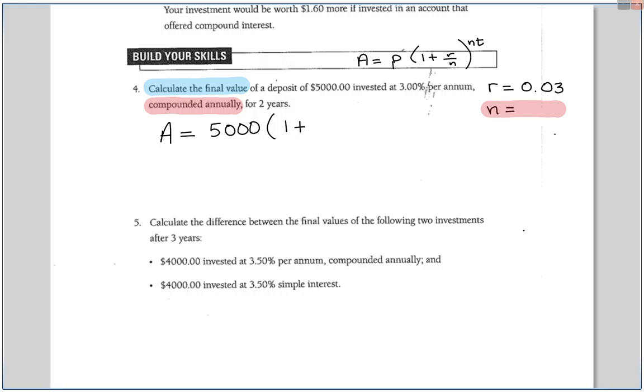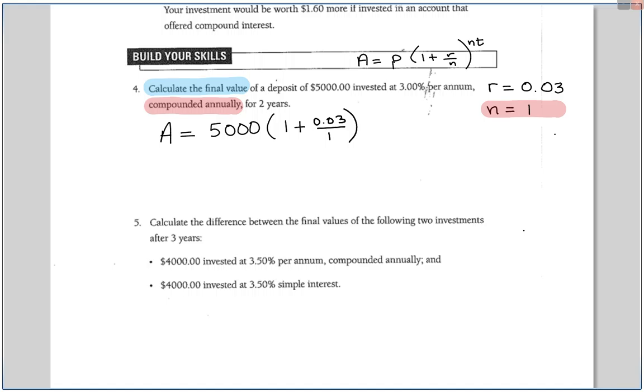So compounded annually is once per year. Semi-annual would be twice, quarterly, 4, monthly, 12, and daily, 365. So we go 0.03 divided by 1. Now we have to raise to the power.